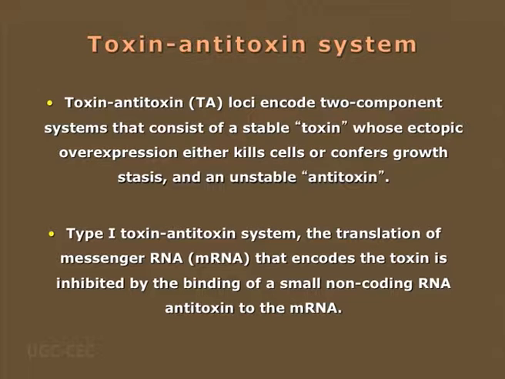Under favorable condition, the antitoxin is not produced, that is the mRNA for the antitoxin is not produced, due to which there is corresponding translation of the mRNA of the toxin, leading to formation of these soluble proteins which are given out. So we see the importance of exotoxin in human diseases, and we also should acknowledge the fact that these soluble proteins are not just given out like that.